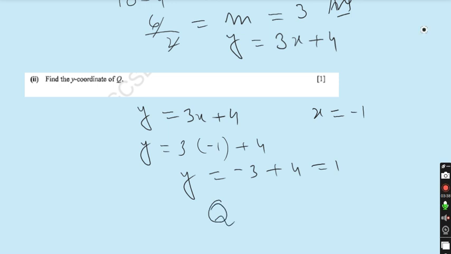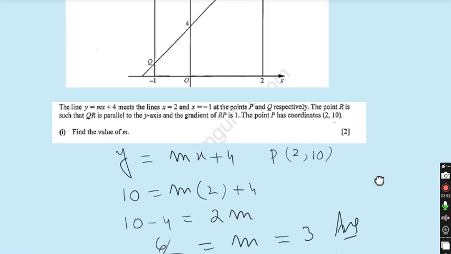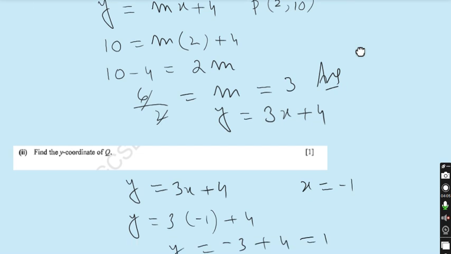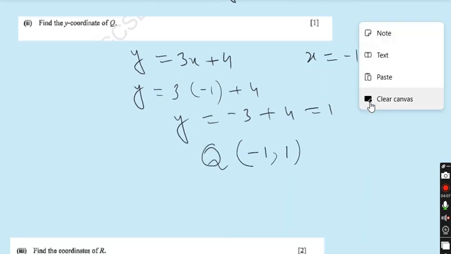Hence the coordinates of Q are (-1, 1). Why do we put -1? Because the point lies on the line x equals -1. Clearly you can see the x coordinate of Q is -1, and we find y by putting x equals -1 in the equation 3x plus 4.